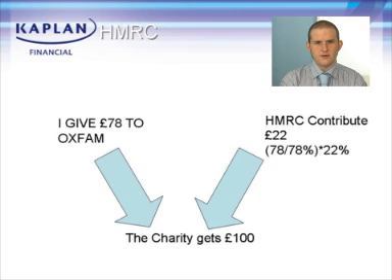So this works out, for this example, at £22. So I give £78 to the charity, Her Majesty's Revenue and Customs gives £22 to the charity. Overall, the charity claims £100, they get £100. 78 from us, 22 from Her Majesty's Revenue and Customs.